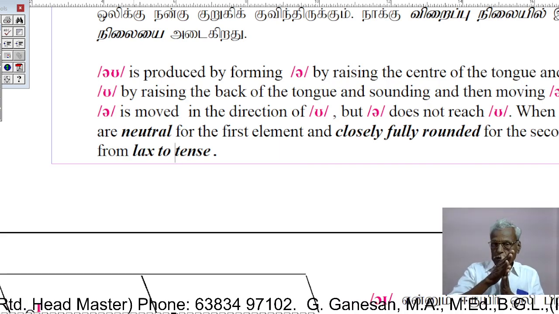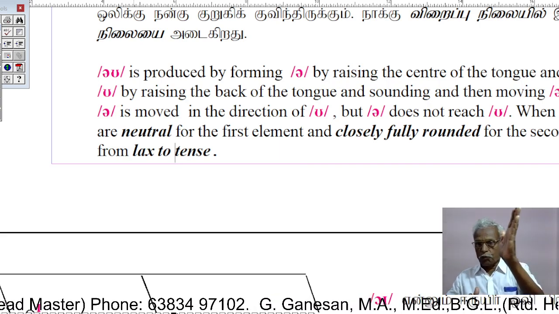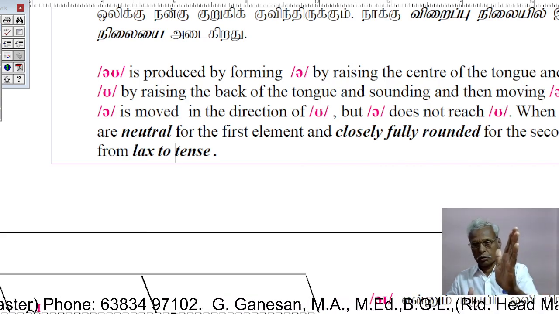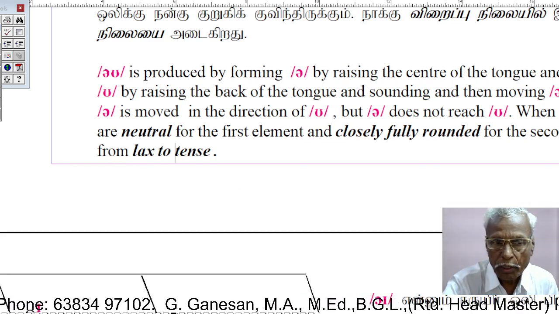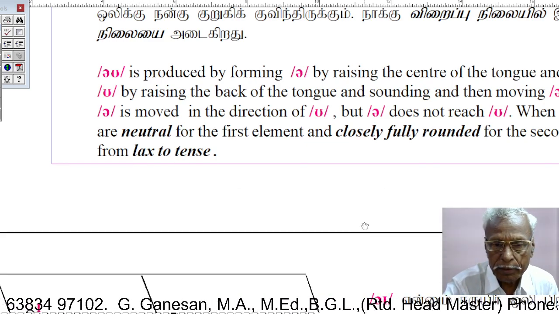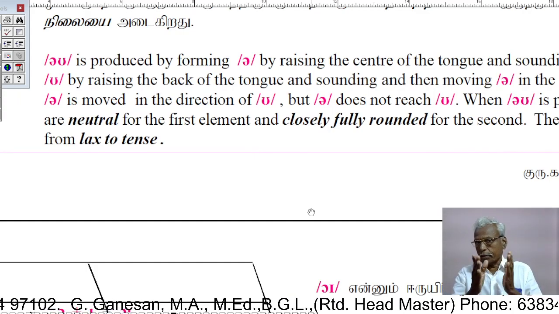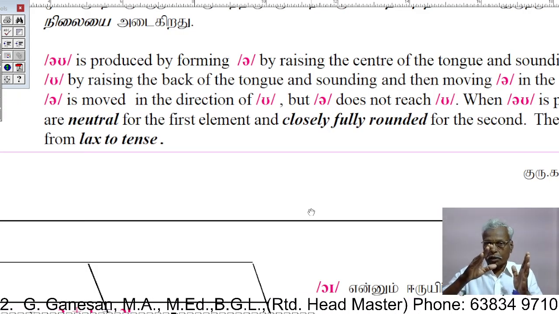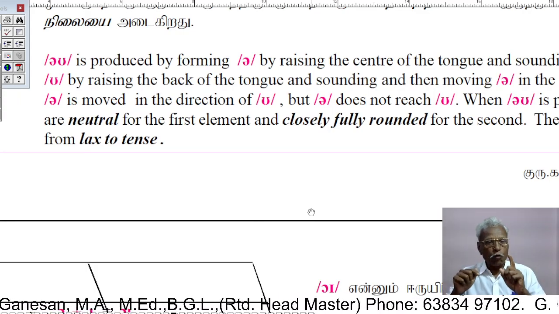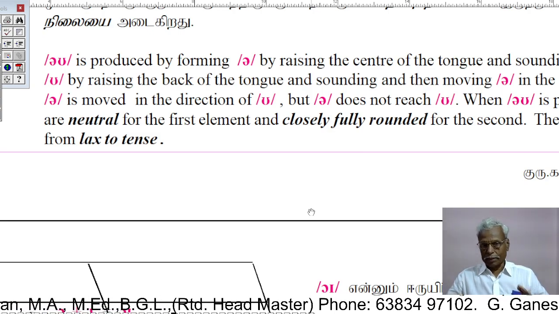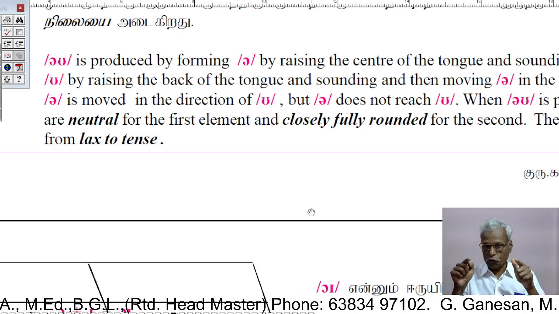The lips are neutral for A, closely fully rounded for U, and the tongue is lax for A, tense for U.